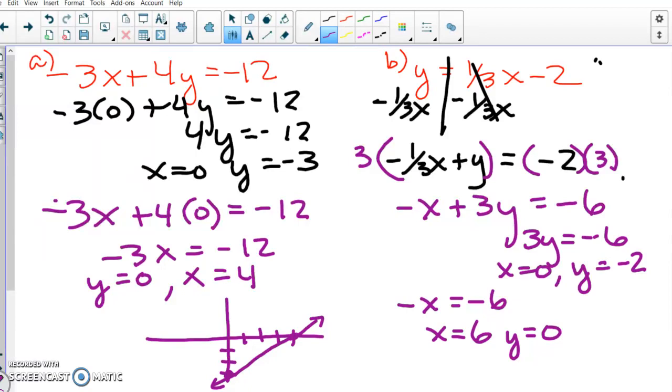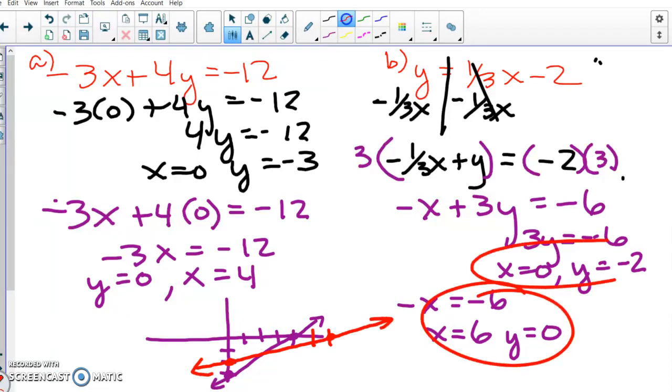And we could graph this on the same coordinate plane. Let's make it a different color. When x is 6, y is 0. There's our first point. And when x is 0, y is -2, our second point. So we can see that line with those two intercepts. Quick and easy.